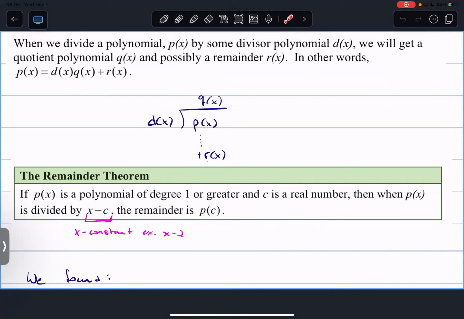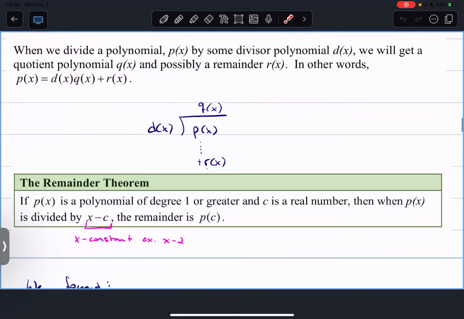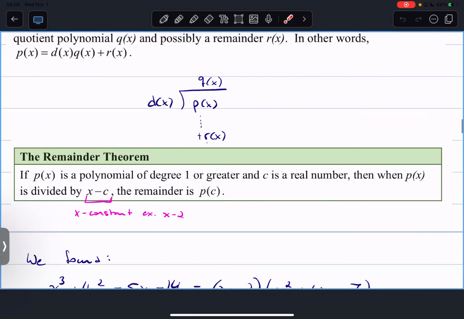So we have some polynomial, and then I promised that we're just going to divide by things like x minus c. And then we have the factor and remainder theorem, which are pretty straightforward. The only crazy one is the remainder theorem.